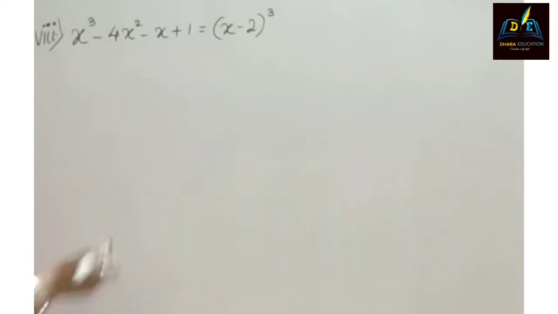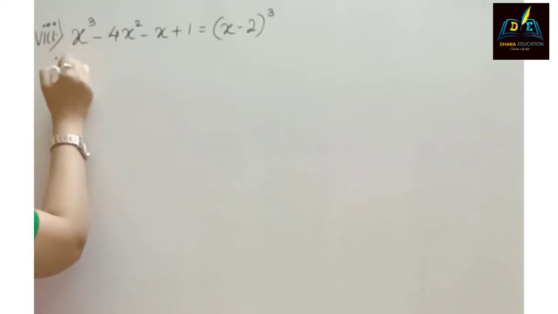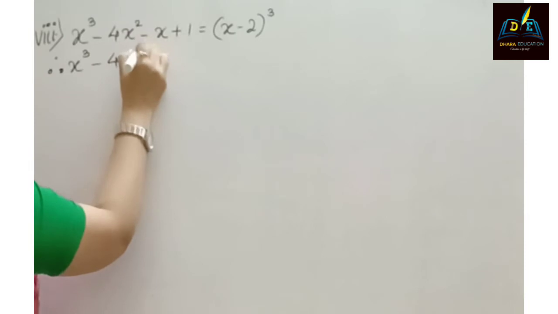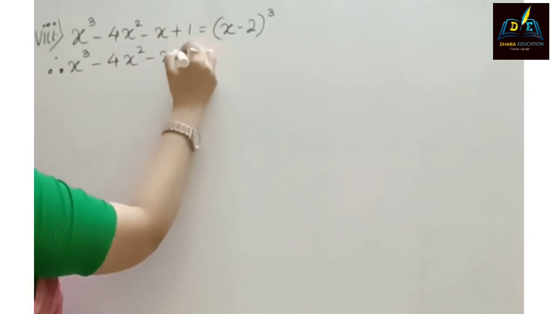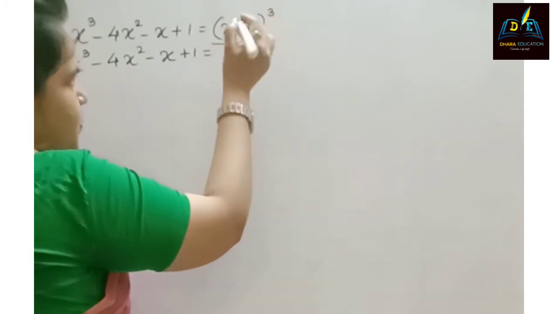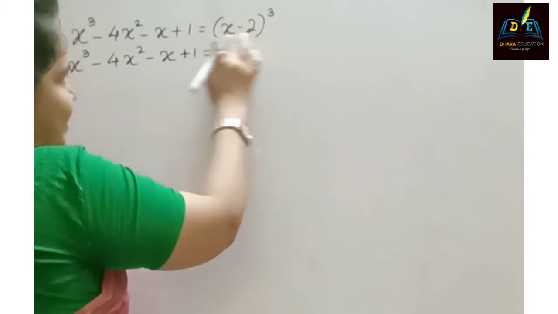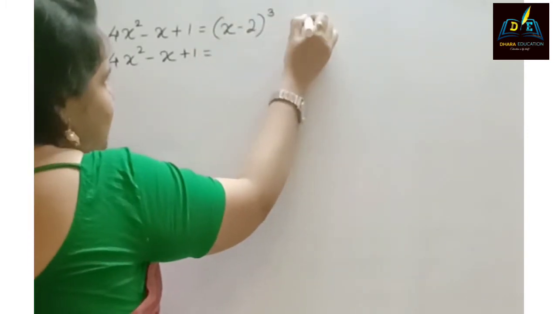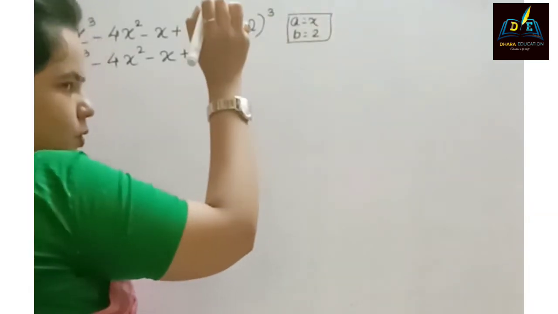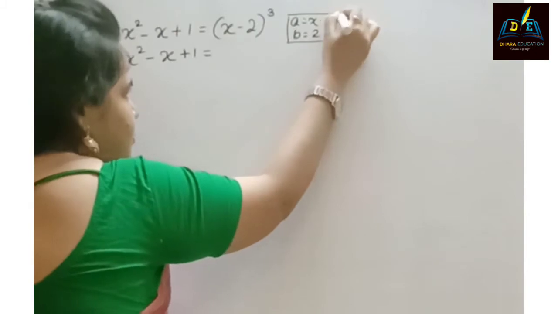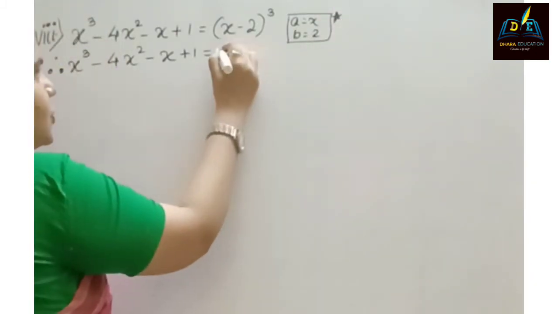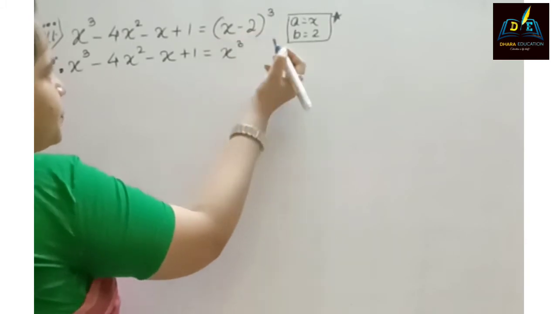We write x cube minus 4x square minus x plus 1 is equal to, now we expand this, stating that a is equal to x and b is equal to 2. We need to keep this in mind, so for your understanding I am writing it over there. So x cube.